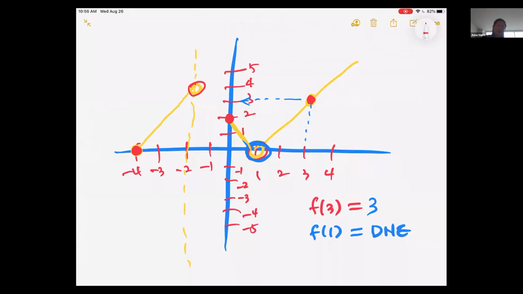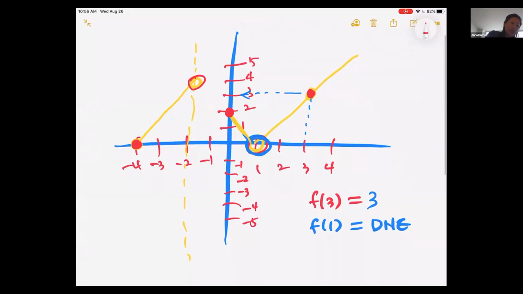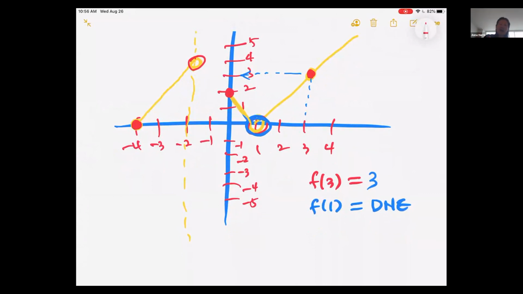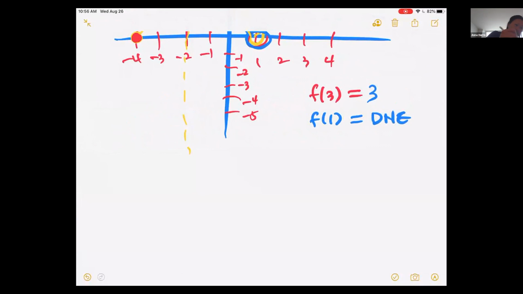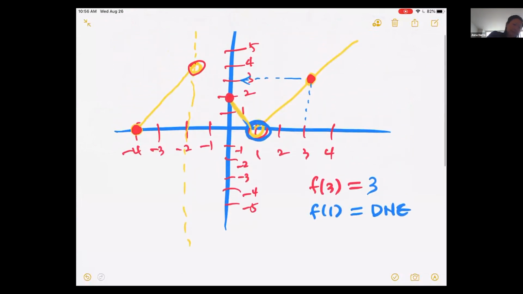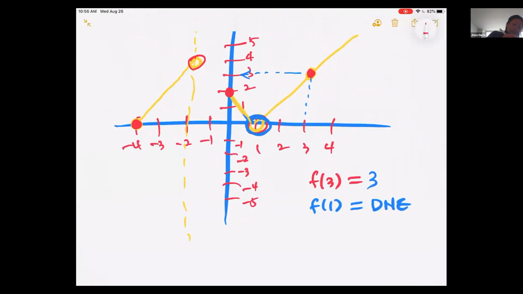So I don't have a y value, but I have a limit. So I do the limit as x approaches 1 of this function, and that is equal to 0.